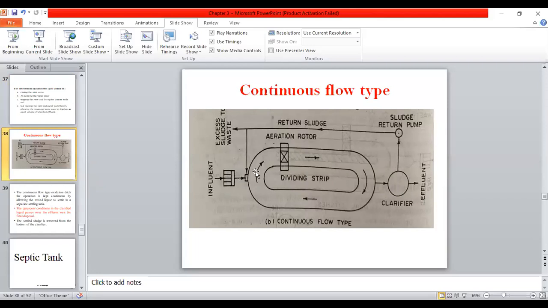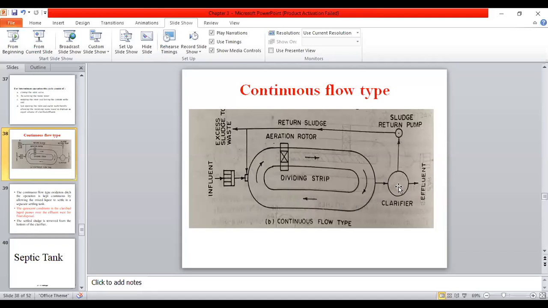Same here, the aerator is provided, which will make that sludge move in a forward direction. At the same time, it will keep that sewage in suspension and mix atmospheric oxygen into that sewage. Screening provides the removal of screens, and then that sewage will be continuously incoming and outgoing.